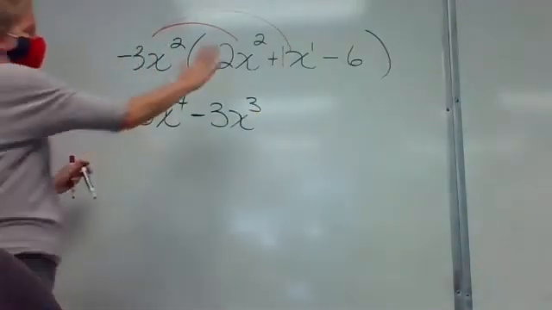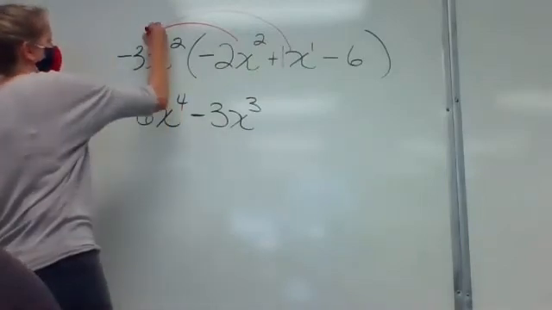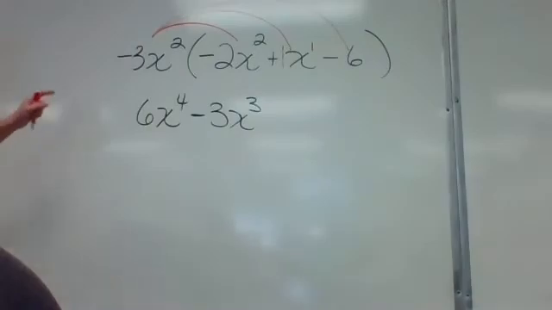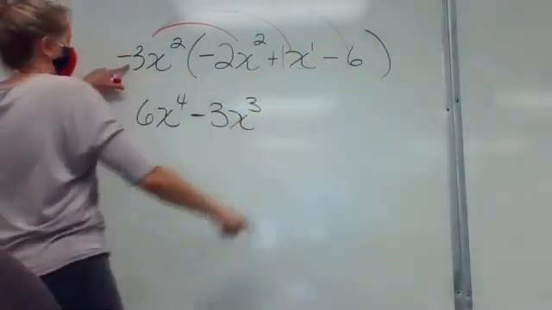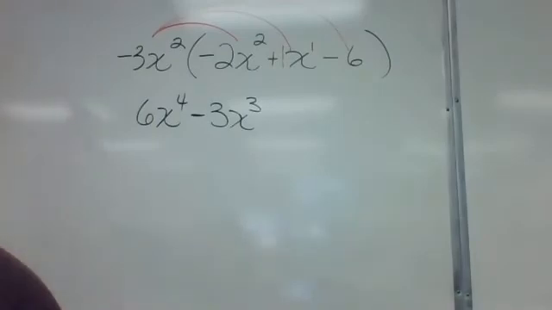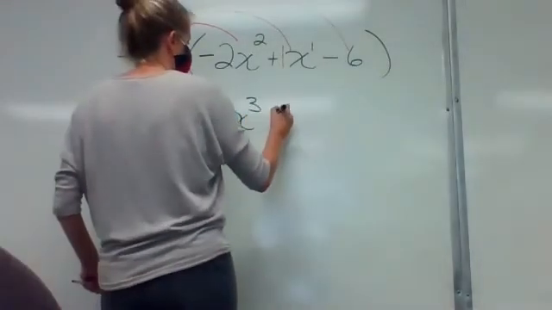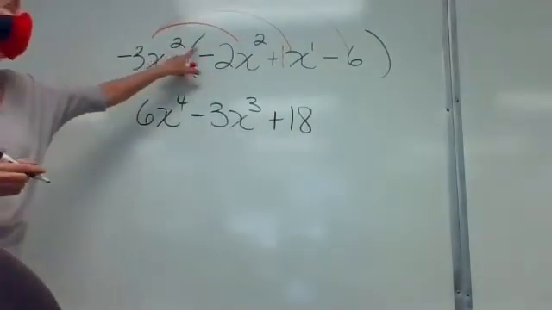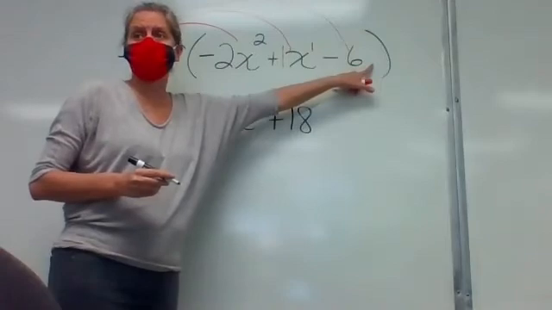Okay. So done with this. Now we're moving. Negative 3x squared times negative 6. So what's my number going to be? Negative 3 times negative 6? Negative 18. Not negative. What's negative times a negative? Oh, positive 18. I'm sorry, I wrote that wrong. Positive 18. So now this one has x squared, and this one doesn't have any x's to add to it.